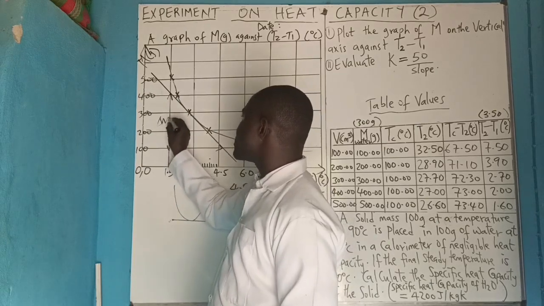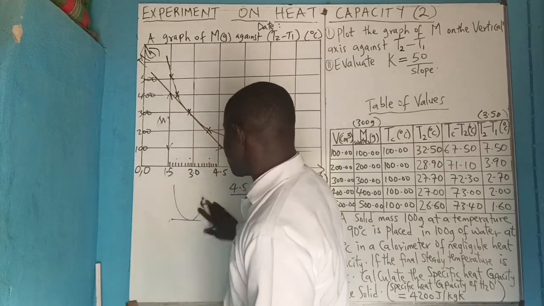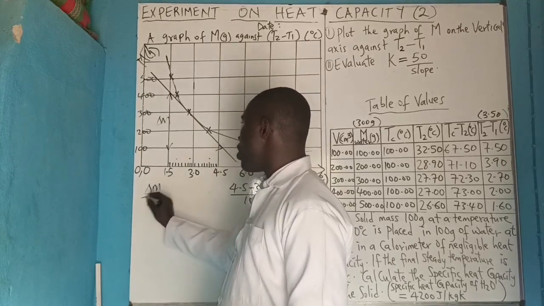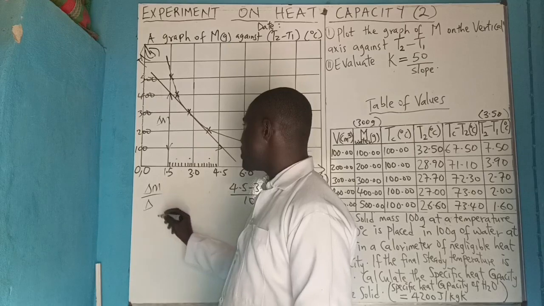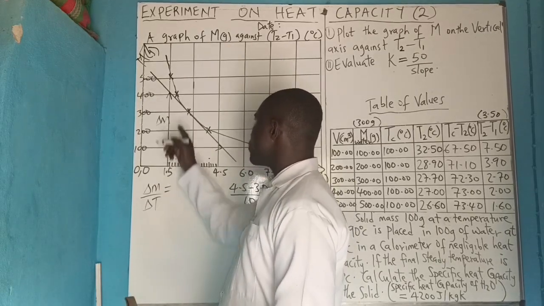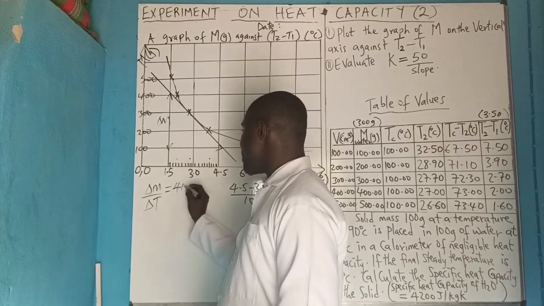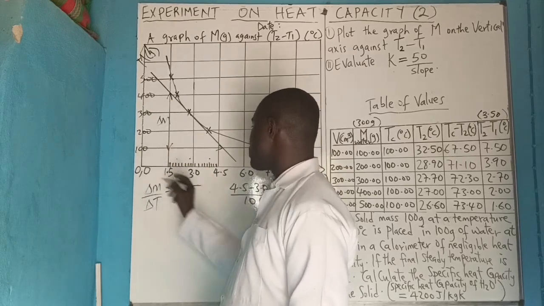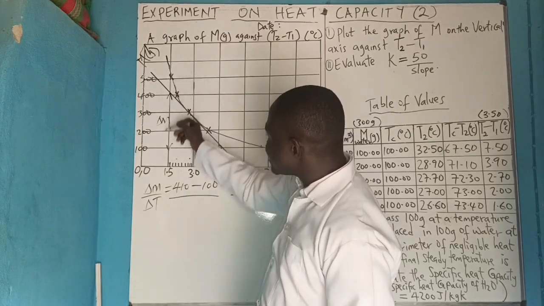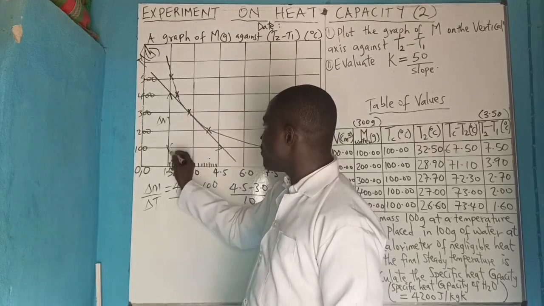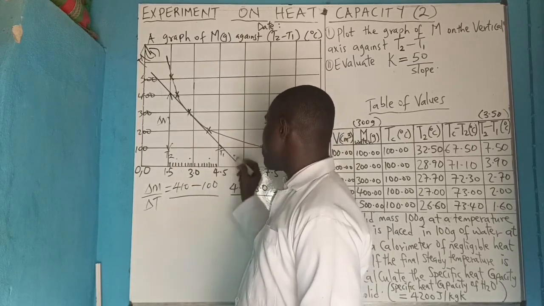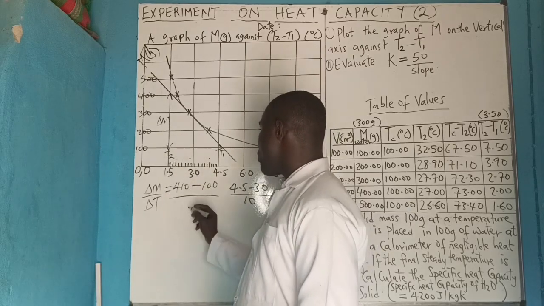Change in mass, change in mass, all over change in temperature equals here about 410 minus 100, all over where this vertical and horizontal meet will be your T2. Then the other one will be your T1.